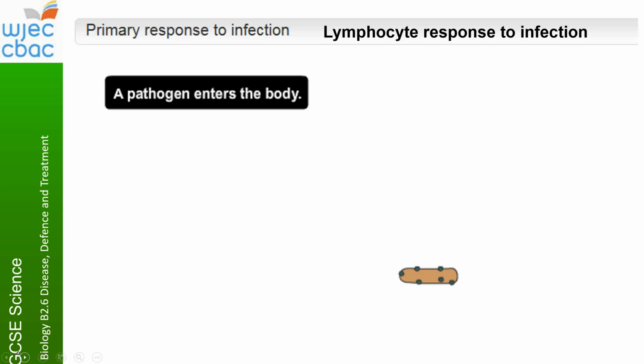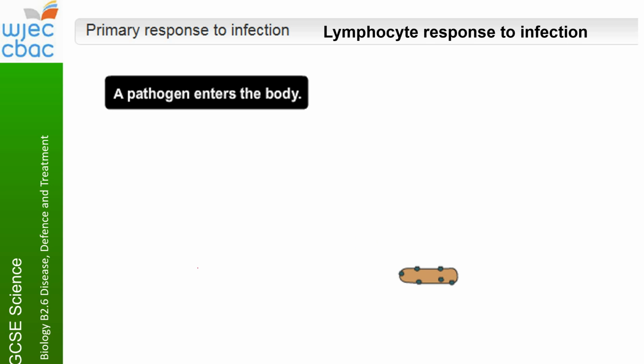We're now going to look at the lymphocyte response to infection, okay? So in this example here, we've got a pathogen entering the body. So here's our brown pathogen with its green structures on the outside. So I think they're more circular rather than square this time. So you need to fill that first of all in the top right hand box.